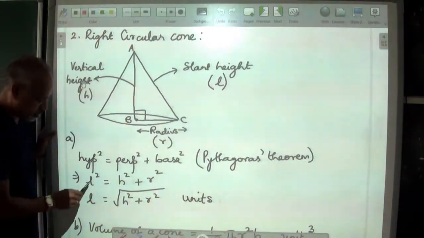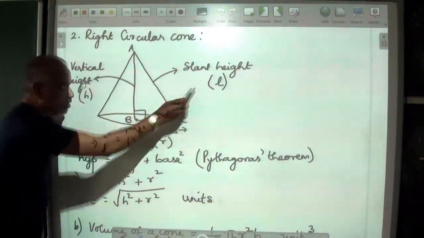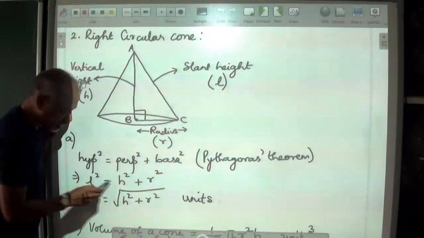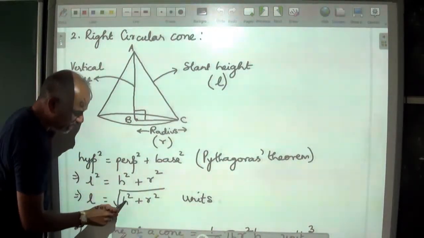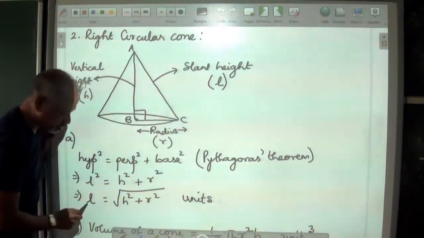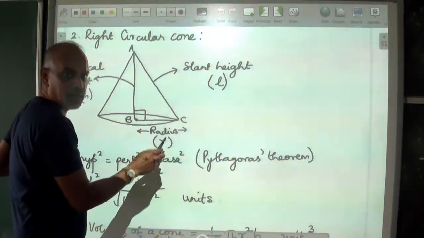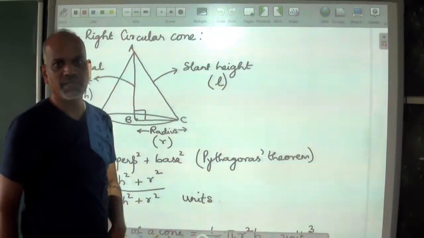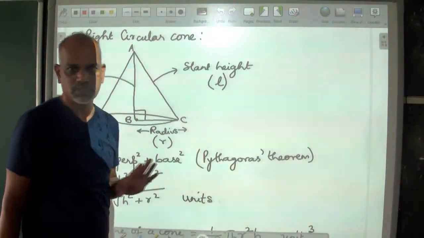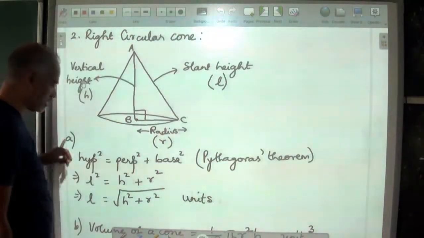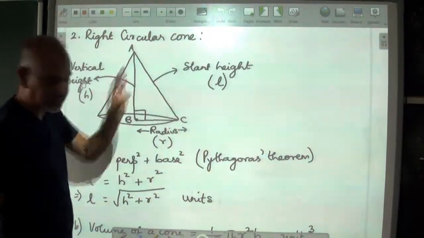So l, the slant height, will be the square root of h squared plus r squared. Because you are finding slant height, or length, it is measured in either centimeter or meter. Therefore, the general unit is units. So that's the first formula that you have to know about a cone, how to find the slant height.